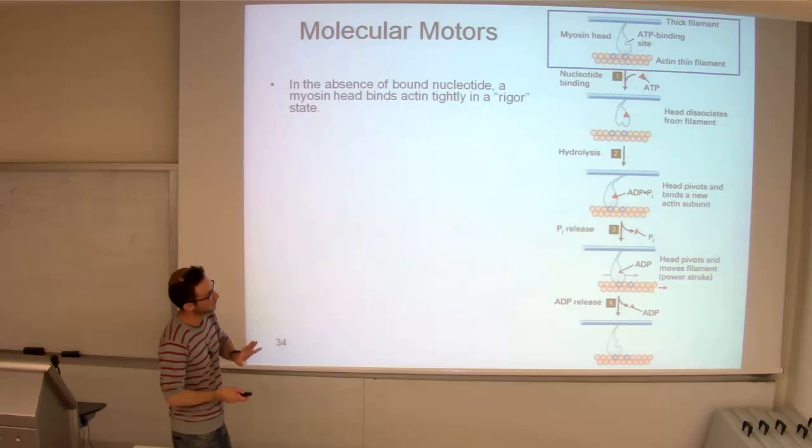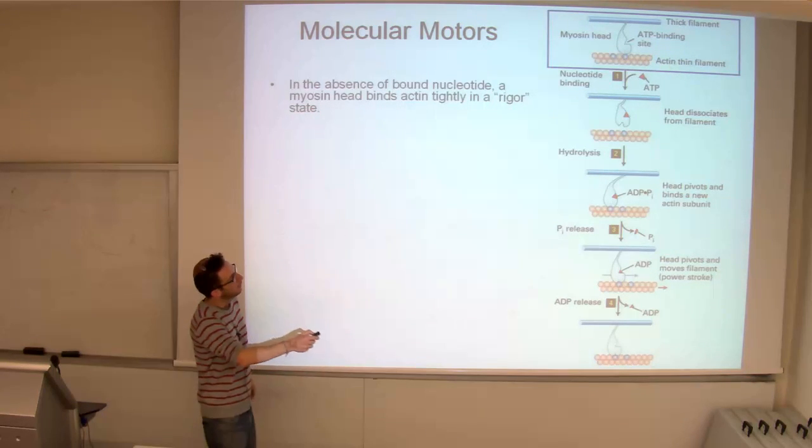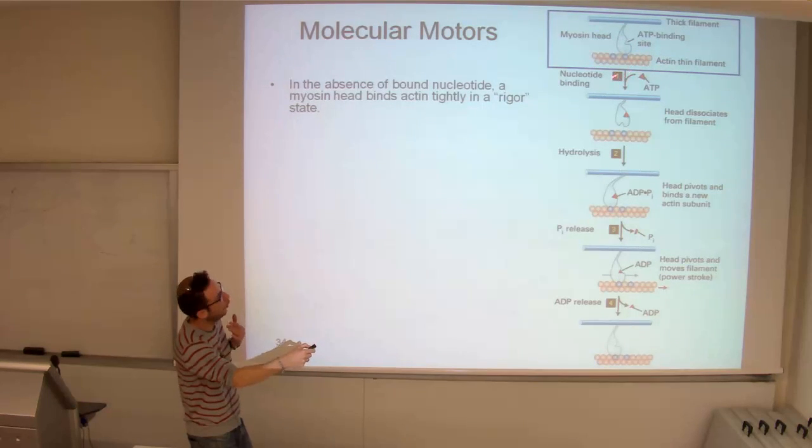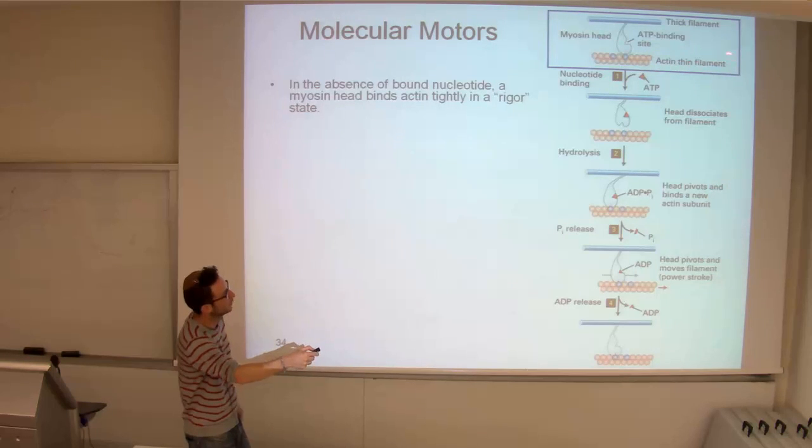These are the same principles. So we're starting right here. This is the thick filament from which the myosin head protrudes, and it binds on its scaffold, which is the actin, which in muscles is called the thin filament.